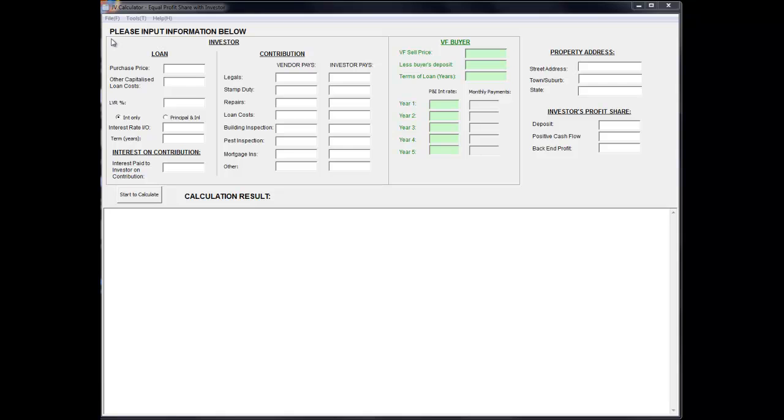Starting up the top at the data input area, we've got this area here detailing where we give the details of the investor's loan and their contribution as well.